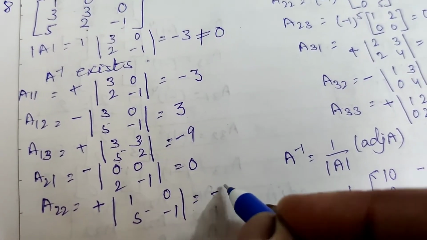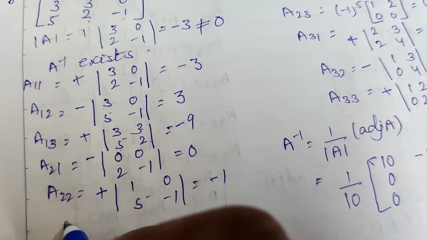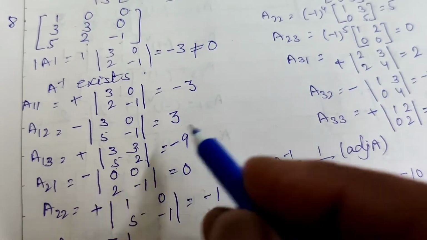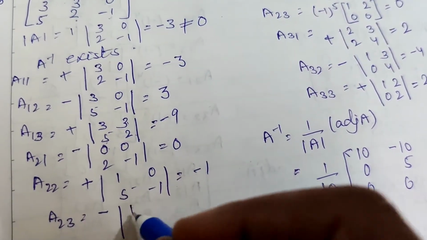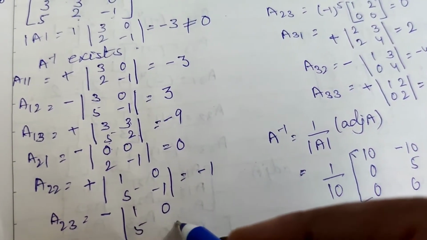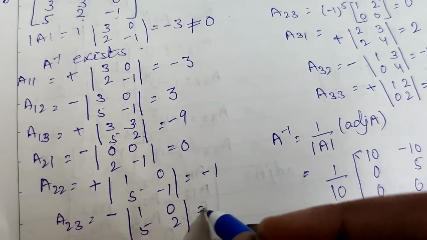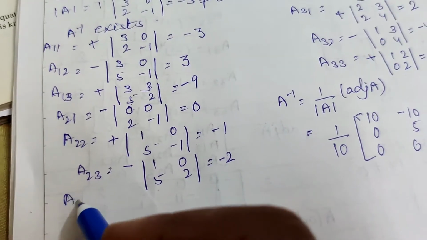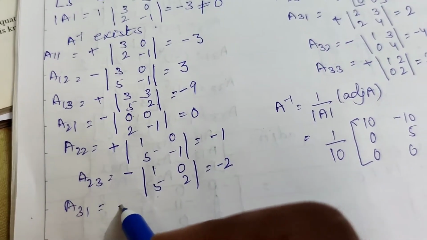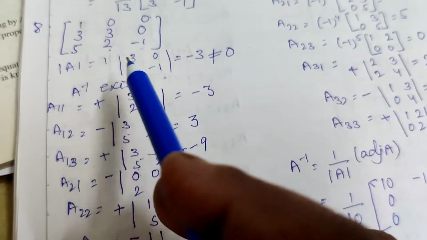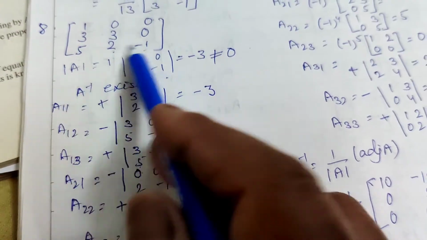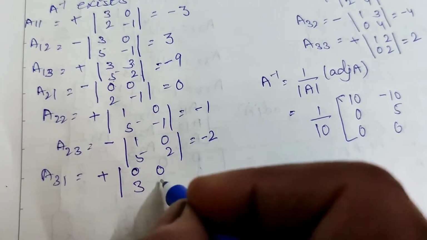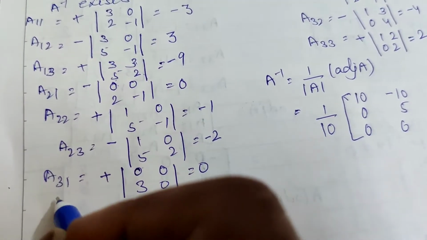It is equal to minus 1. And A23, minus, second row third column, 1, 3, 0, 0. It is equal to 0. Next A31, plus, third row first column, 3, 5, 3, 2. It is 6 minus 15, minus 9.